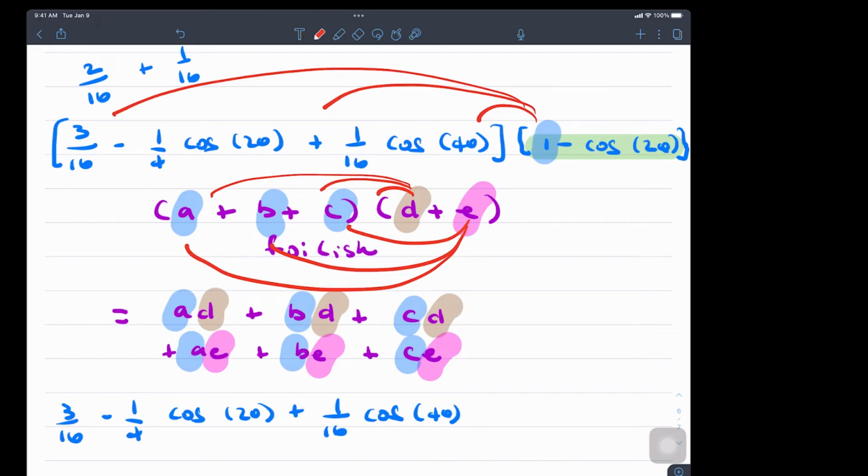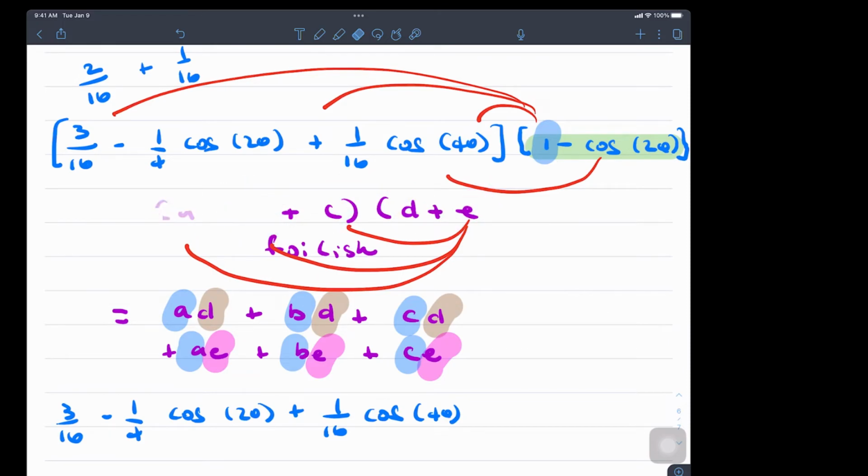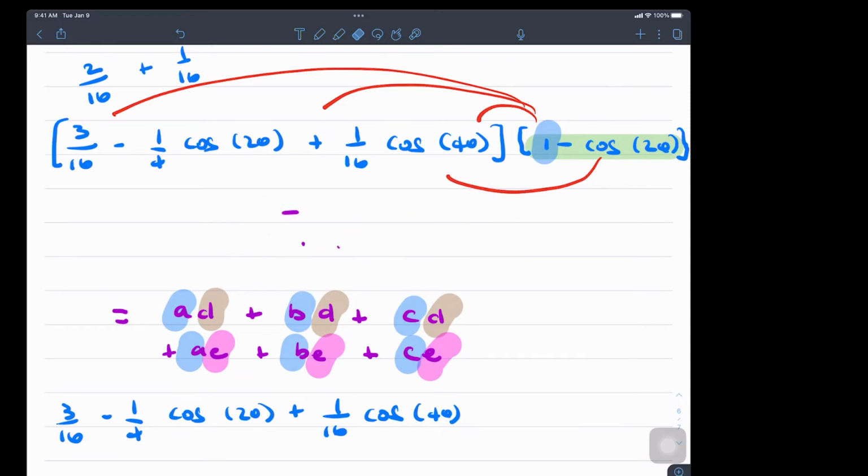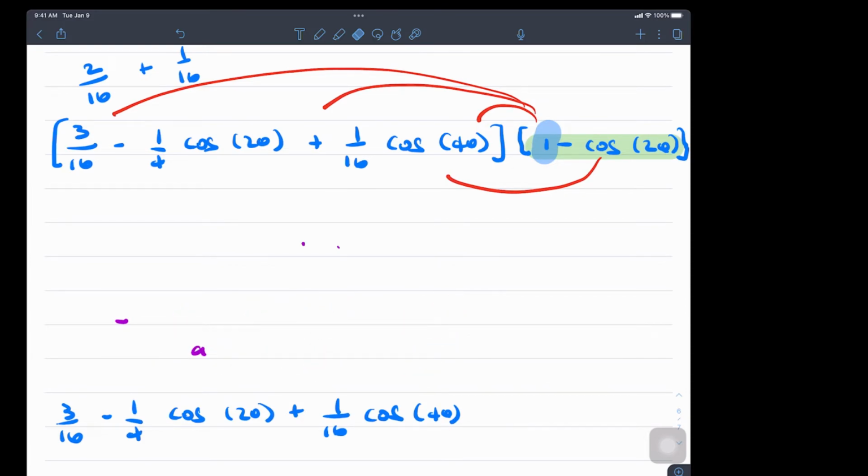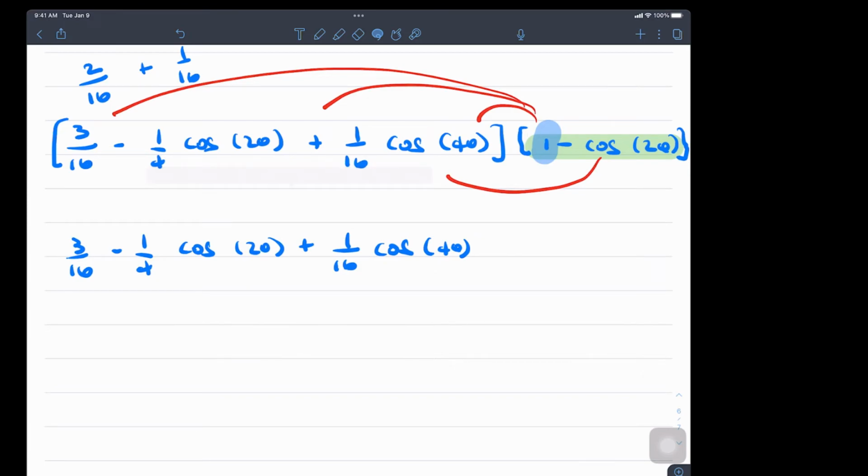Now what are you guys going to do? Minus cosine. I'm going to erase this, okay? So hopefully you guys see the point there. It's FOIL-ish. Okay? So you're going to multiply this term with everything as well.